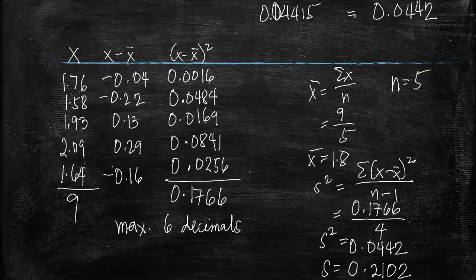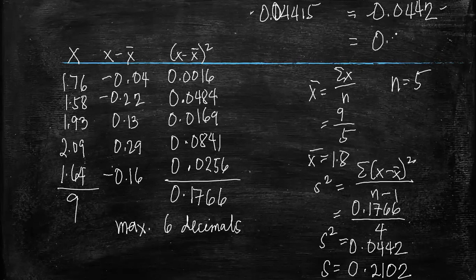Ngayon, sabi ni Matt, saan daw yung kukunin na isa-square root para makuha yung standard deviation? Dito ba sa hindi pa na round off or dito na sa na-round off na? Yung akin naman, para mas uniform, dahil naputol na rin naman kayo, dito na kayo kumuha, sa 0.0442.